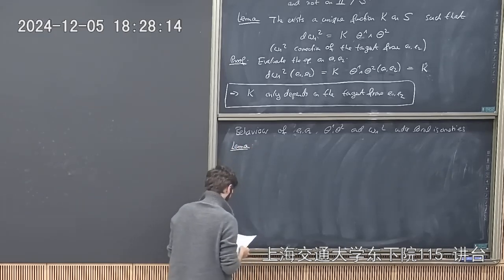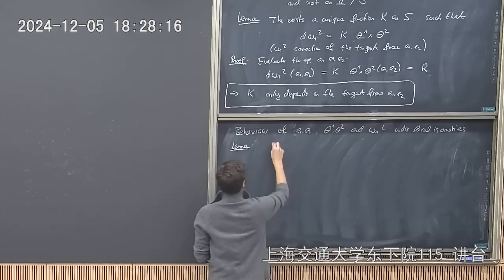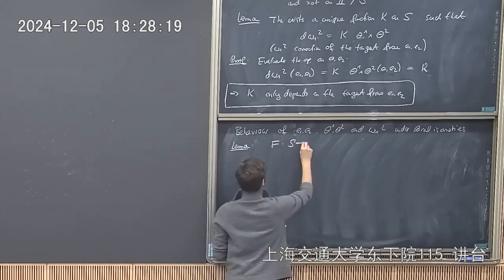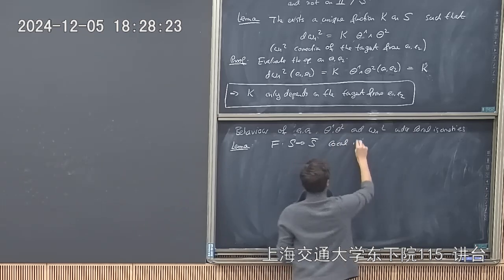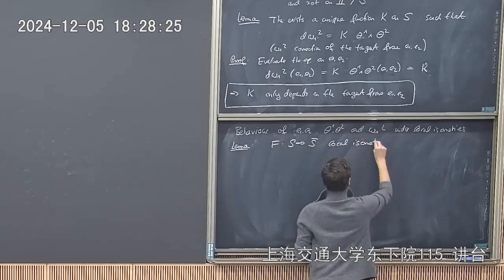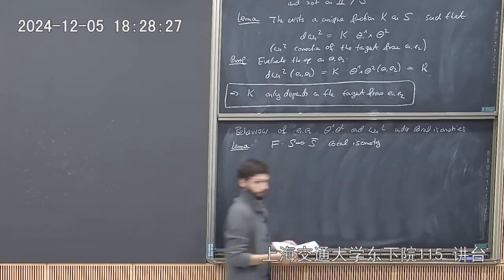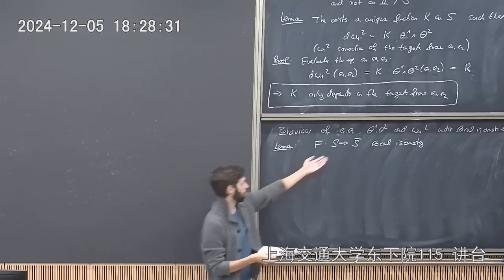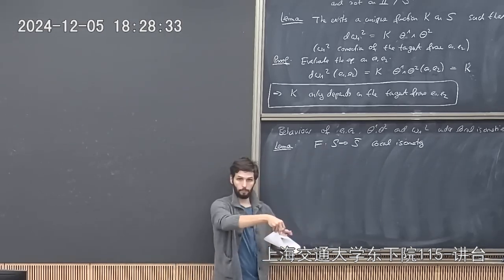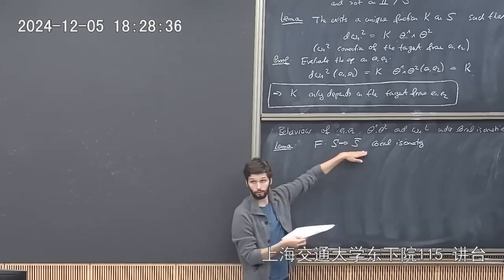So we have F, which is a local isometry. So the local isometry, you can think of that as like a sheet of paper. That's like S. It's like a flat sheet of paper, and then you bend it, and that might be S tilde.